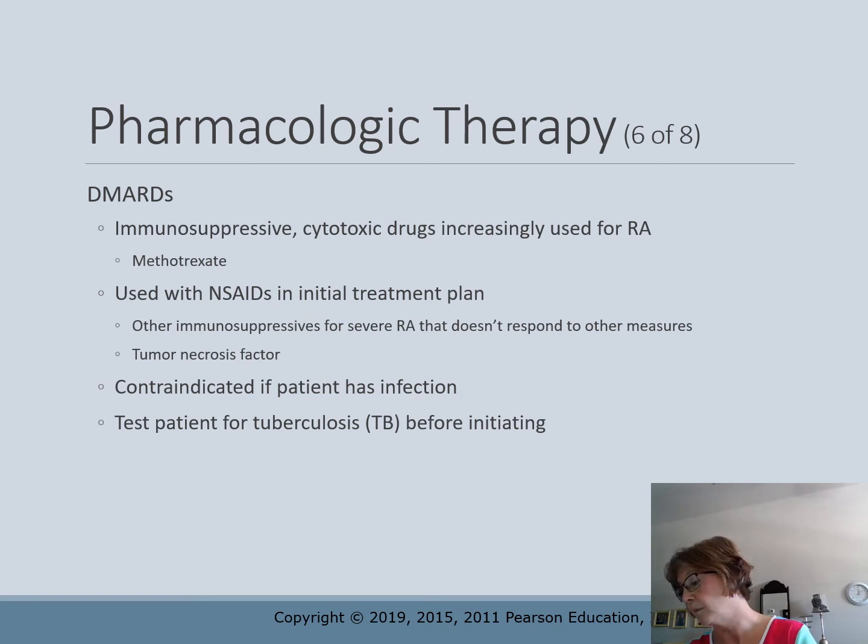You have your immunosuppressant drugs, and this is where methotrexate comes in. Methotrexate is a chemotherapeutic agent, but it is very good at treating rheumatoid arthritis. There are also tumor necrosis factor inhibitors. These are used to treat patients with RA, and include Enbrel.